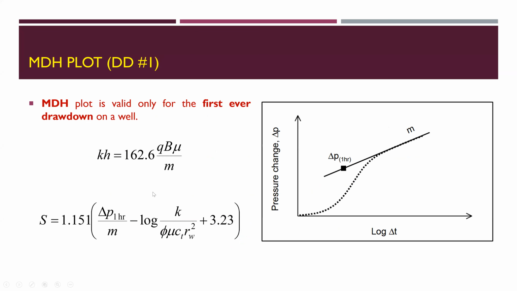The first, in case of drawdown, we call it Miller-Dyes-Hutchinson. This was one of the first techniques that has been considered for well-test interpretation. Still, we can use it until today, despite the fact that we have commercial software that can do more and more complicated processes. But what do we have here? This is a slope, m, and this is a straight line.